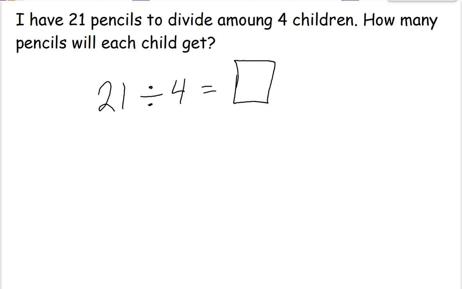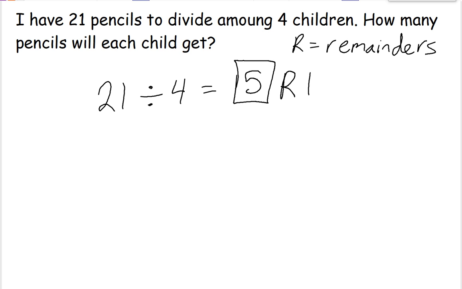And so I remember that 20 divided by 4 was 5. So I would have 5 whole pencils, and since I don't want to break any, I'm going to have 1 left over. And I write that with a capital R for remainder and the number 1. So R is the same as remainder, or what remains at the end.